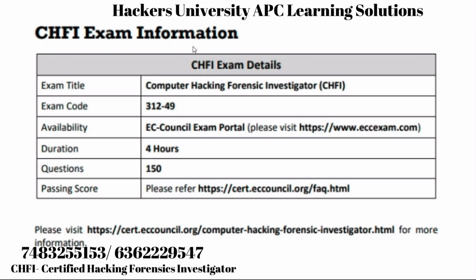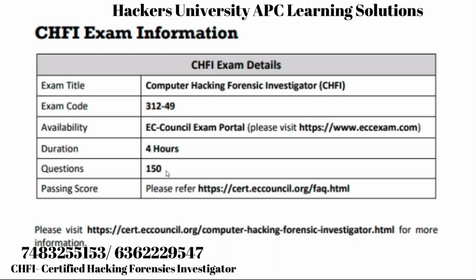After this CHFI course, the exam is valid for 1 year. After you get a voucher, you can study, prepare, and take the exam within 1 year. Training is a different thing. But if you take the CHFI certification exam, it's a 4 hour duration, and there are no practicals, it will mainly focus on multiple choice questions.